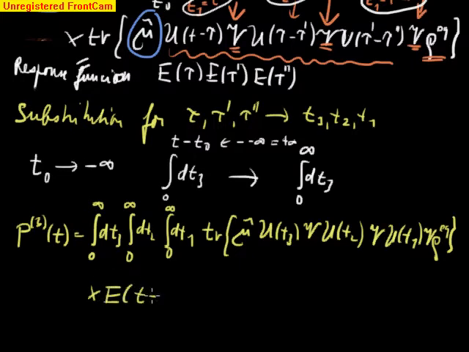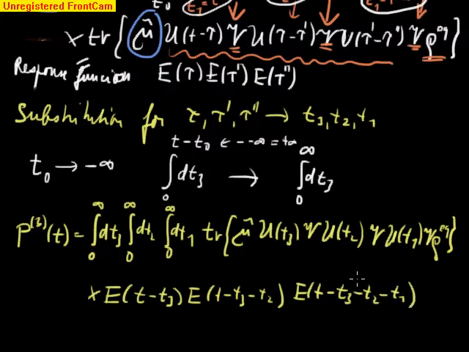So here we would have E with the argument t minus t3, t minus t3 minus t2, and E with the argument t minus t3 minus t2 minus t1. Because these are delays, we can see that this will be the field that acts as the last. So this one will be the latest, the earliest or deepest back into the history.